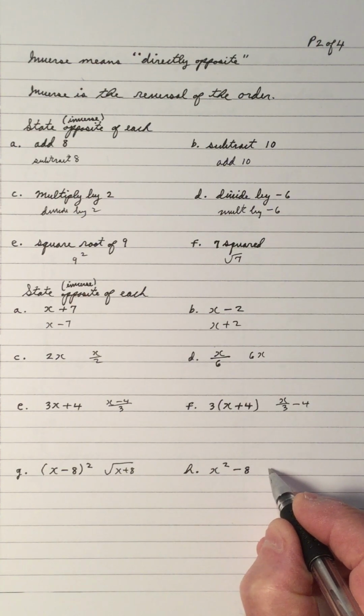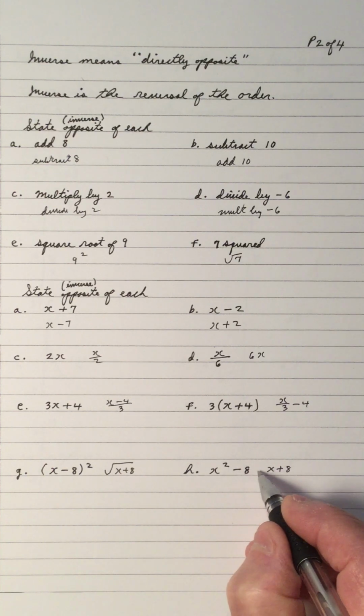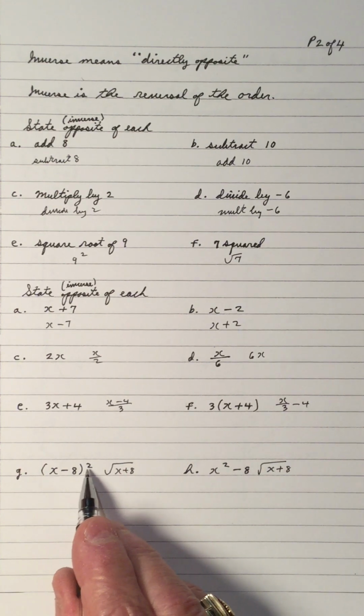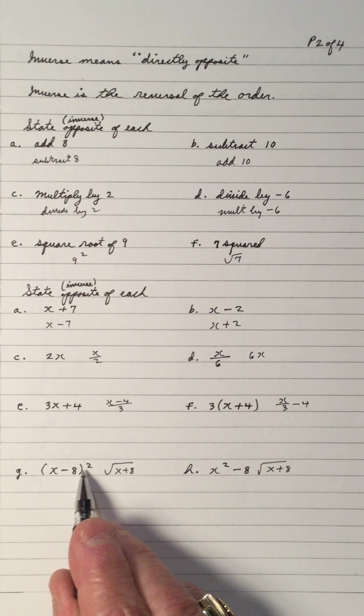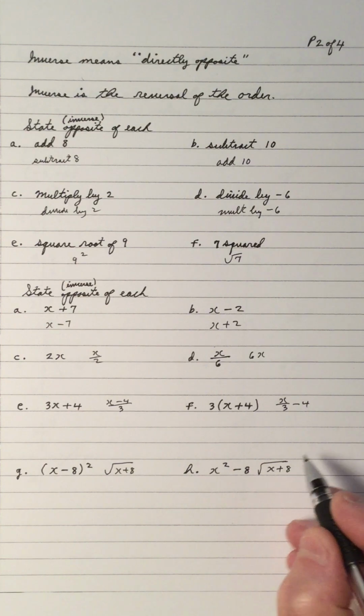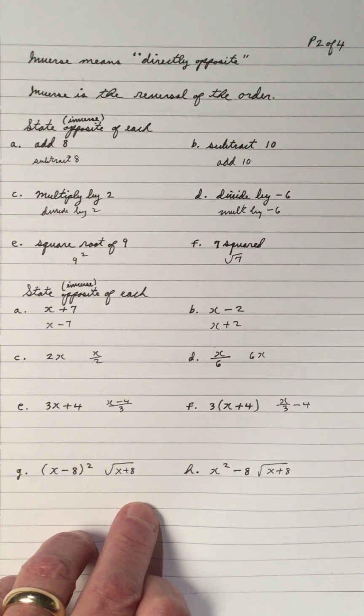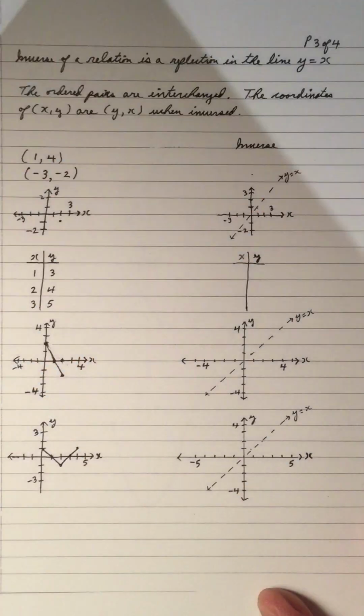So right here it would be x plus 8, and then we do the square root. So note the difference. We do the square root first and then add here, and here we add and then do the square root. It's a slight difference, and you'll get used to that as we find inverses of functions.